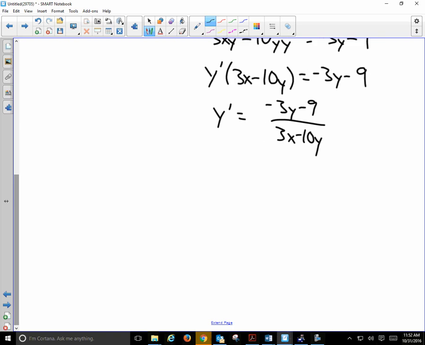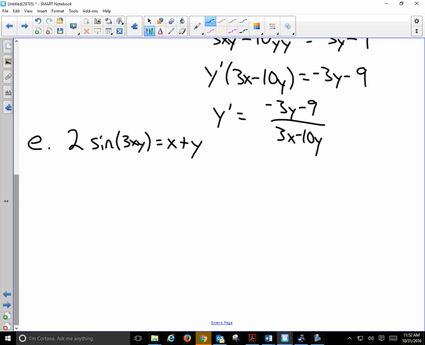Okay. So all right, let's add one example. Let's do 2 sine of 3xy is equal to x plus y. What rule do you think I would have to use to take the derivative of the first part?